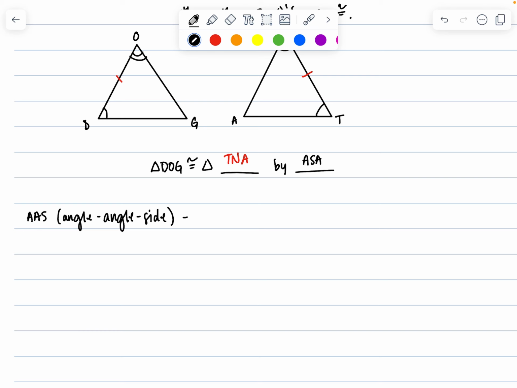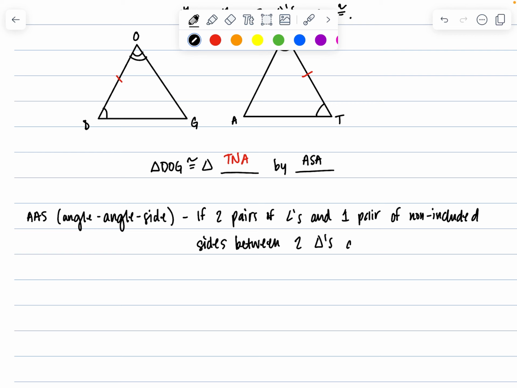And when you're using angle angle side, this states if two pairs of angles and one pair of non-included sides between two triangles are congruent, then... actually, put non-included corresponding sides.